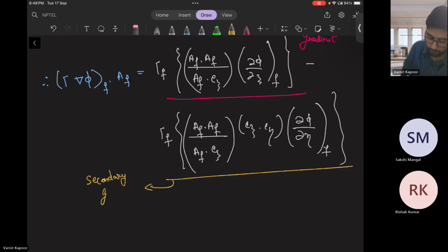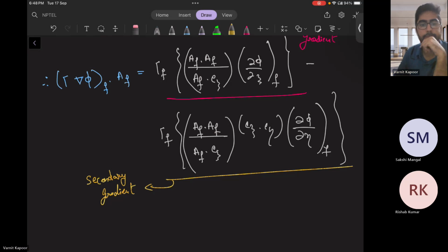All the hard work is for getting this dot product. I hope no doubt is still there. We have got the gamma grad, and the two gradients, that is the primary gradient and the secondary gradient.